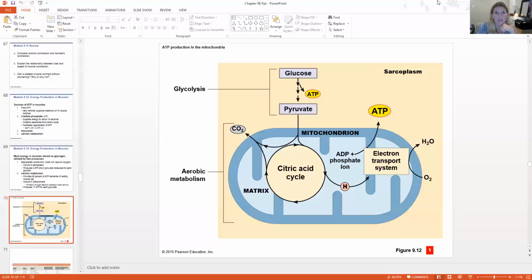Here's the whole process. This is inside of our cell, this little yellow box. Glycolysis happens in the sarcoplasm. Glucose is broken down to pyruvate, gives us ATP. Pyruvate goes into the mitochondria, goes into the citric acid cycle, which releases carbon dioxide. It also produces these little protein carrier molecules, NADH and FADH2, which take hydrogen ions over to the electron transport chain, use that potential energy to create water and ATP.